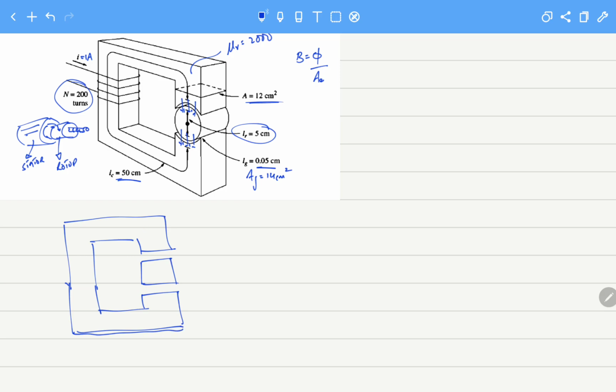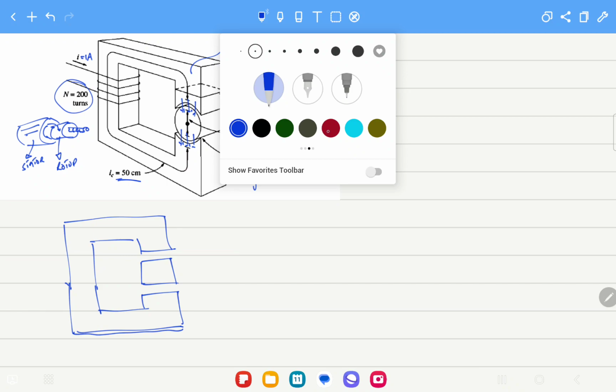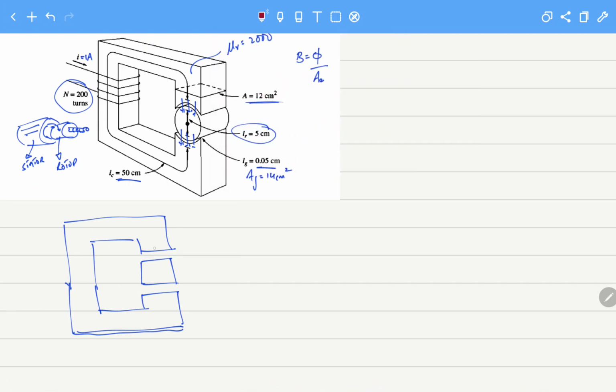This is the stator part and that is the rotor part. This length is 50 centimeter, and this is one reluctance, RC. Then this length they have also given you, this is the reluctance of the rotor.